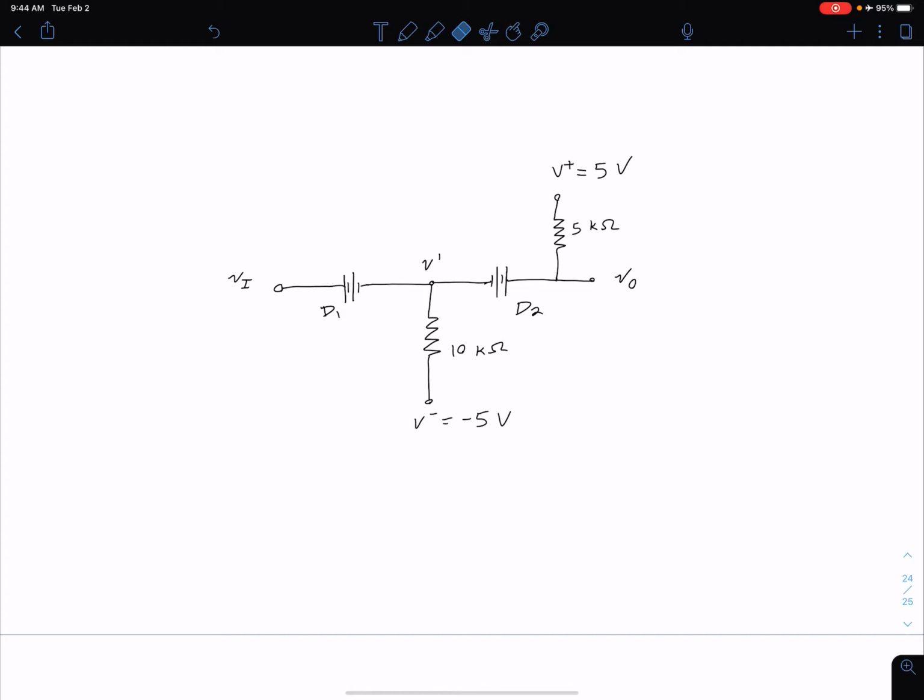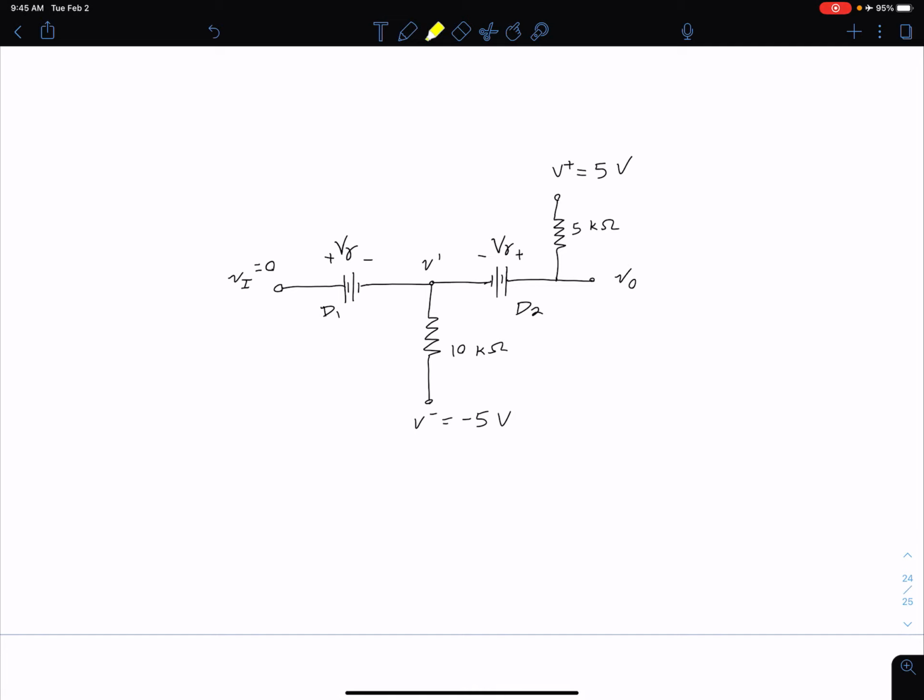Again, our diode voltages aren't going to change polarity. So we have V gamma here and V gamma here, assuming they're the same type of diode. What we notice is that this makes V out really easy to find, because remember that our VI is 0.